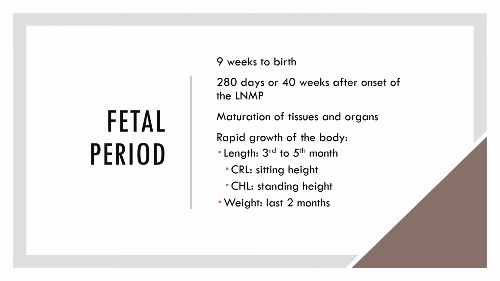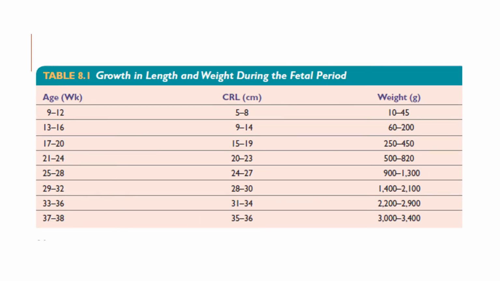More accurately, that would be 266 days or 38 weeks after fertilization. So this is the table showing the correlation of growth in length and weight during the fetal period.